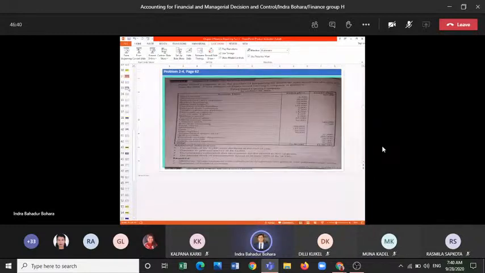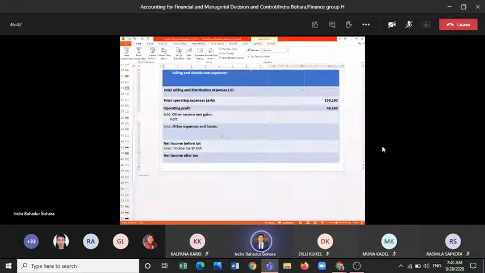Rent from subletting. The amount is 6,250. You can directly write here 6,250, or you can directly add and deduct together, or you write down separately.